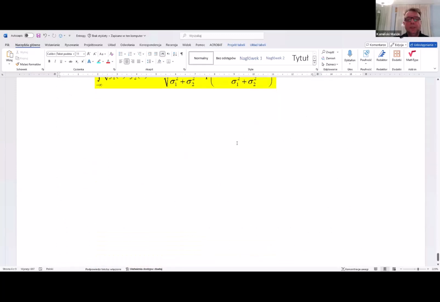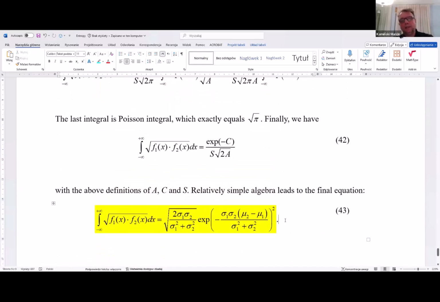Usually these distances have a very elegant mathematical form, but as I said at the very beginning, some substitutions are essentially different for different order of distributions.